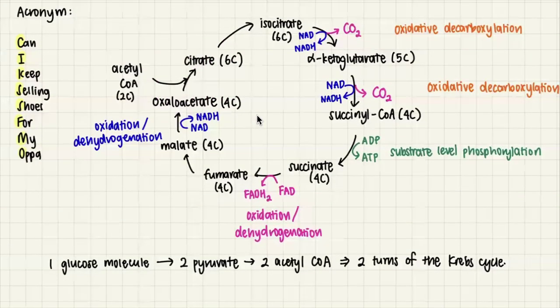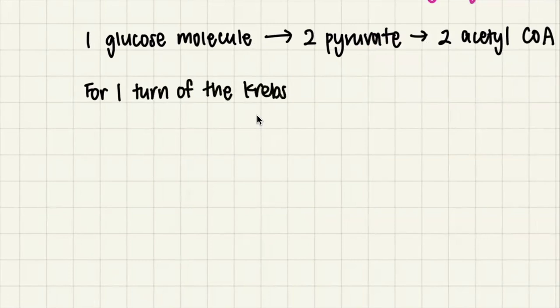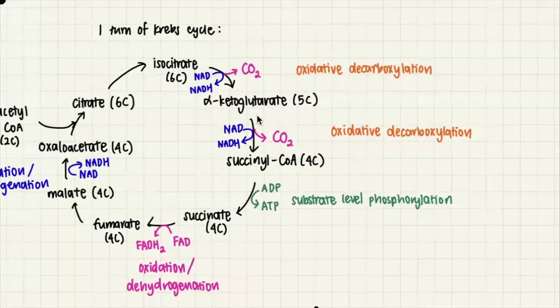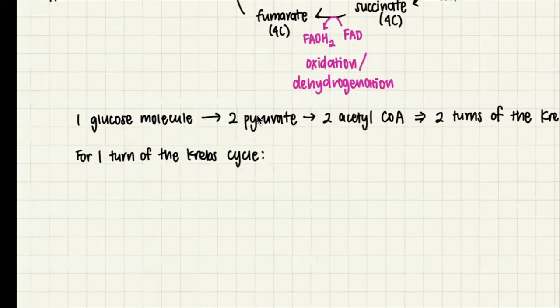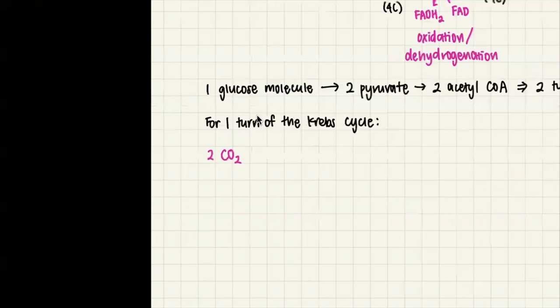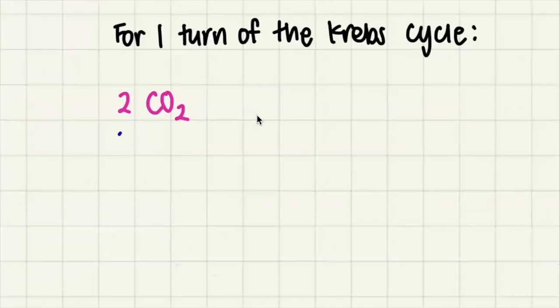For one turn of the Krebs cycle, what do we have? We have two carbon dioxide molecules formed, so 2 CO2. Then we have three molecules of NADH, one, two, three, so 3 NADH.